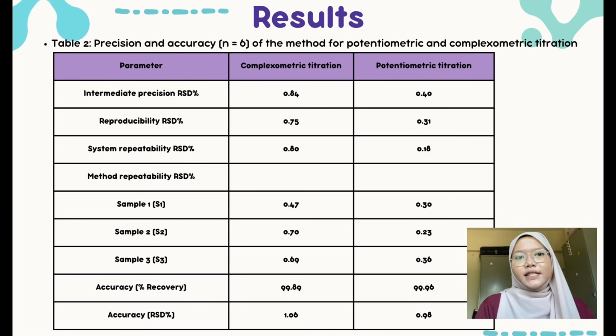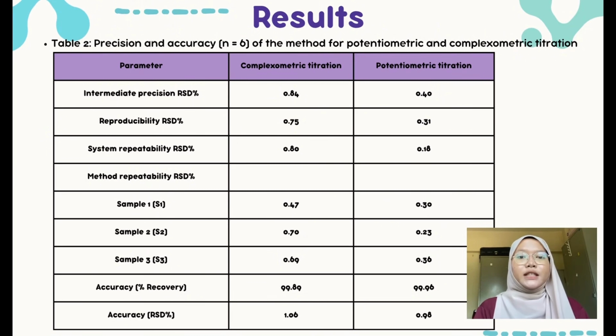Let's look at the results obtained. This table summarizes the precision and accuracy results for both complexometric and potentiometric titration methods in determining zinc pyrithione in shampoo. Precision was assessed through several parameters.